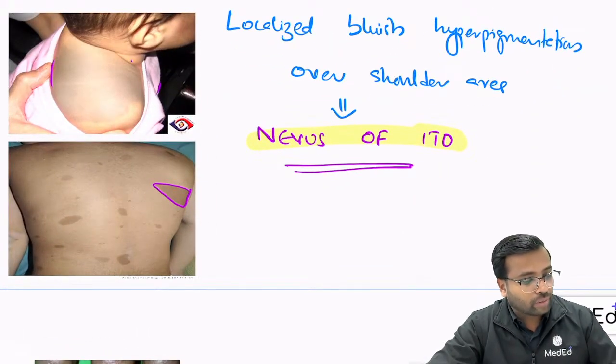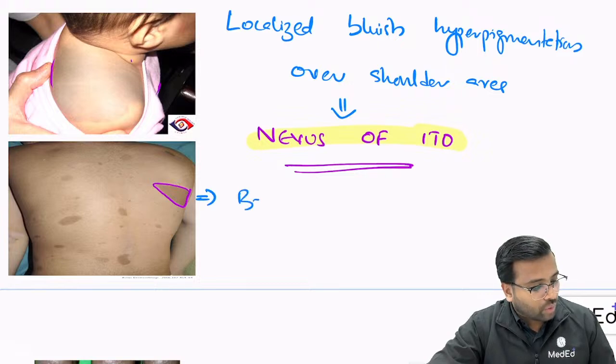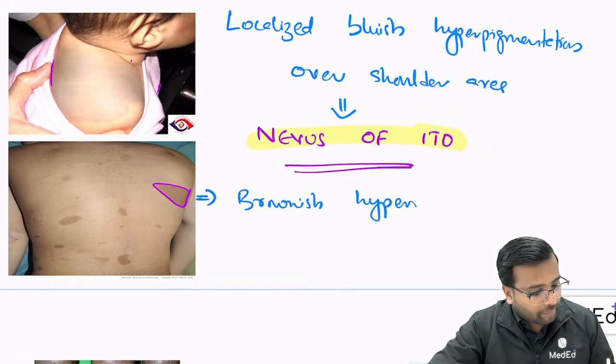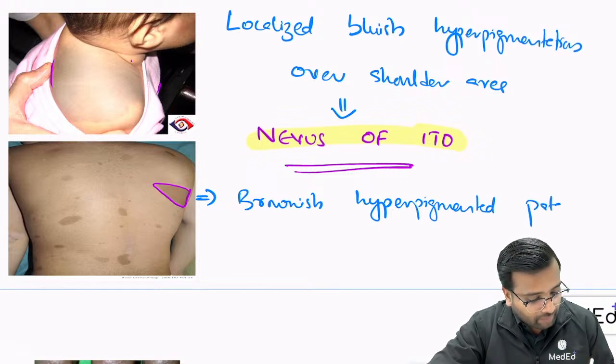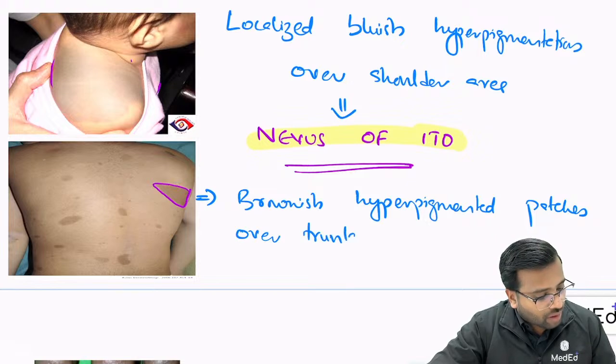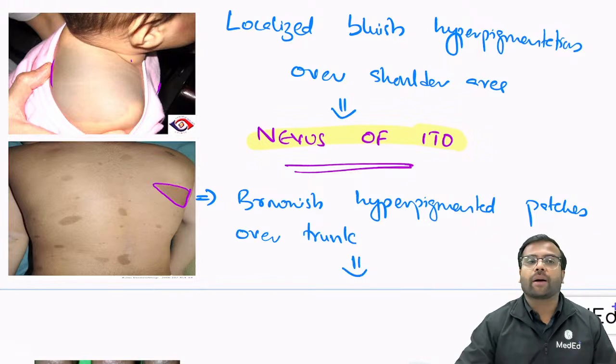brownish hyperpigmented patches over the trunk. Now this has a peculiar appearance.